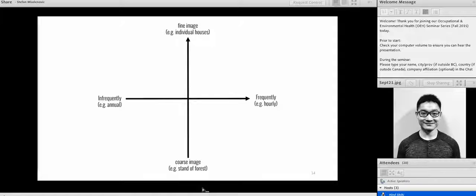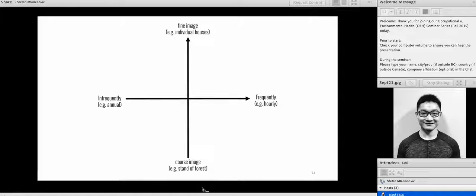Trees in our cities. Okay. So now let's put those events onto that figure. So wildfire. Do we need a very fine image for fire? Not really. So along here, maybe somewhere in here.